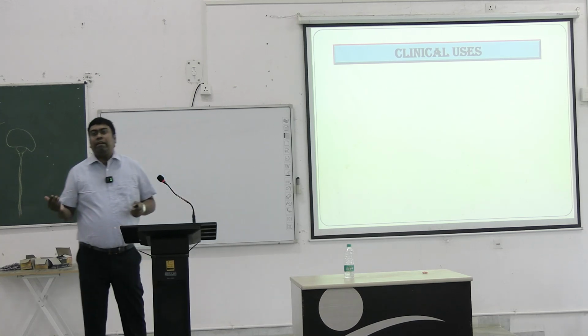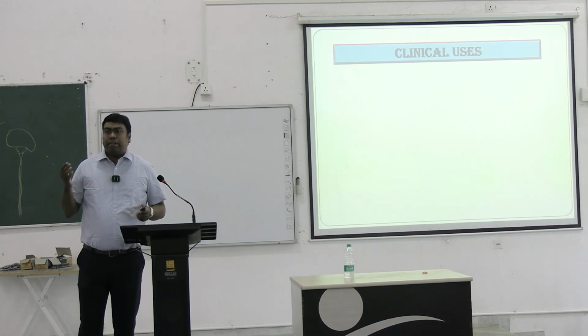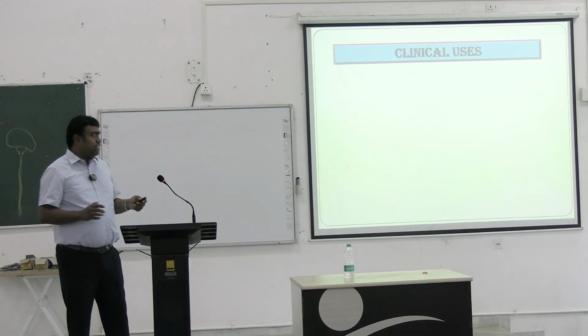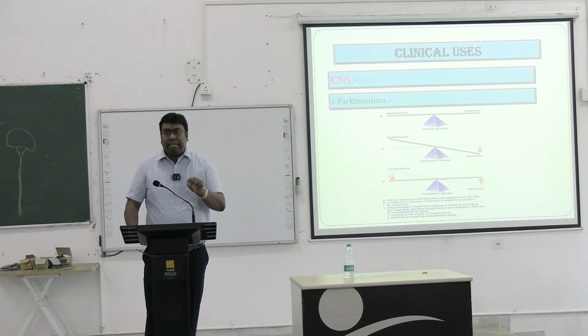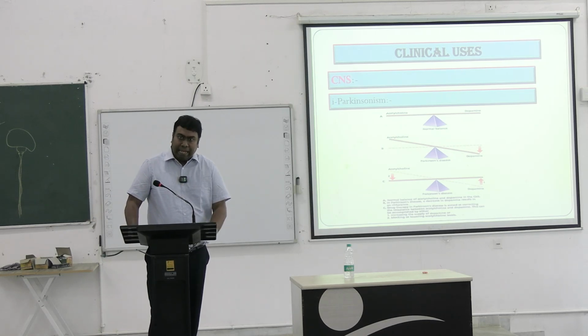And the second one is as a drug of Parkinson's disease. Now you tell me what is Parkinson's disease? Parkinson's disease is a neurodegenerative disorder of the basal ganglia. And what happens?